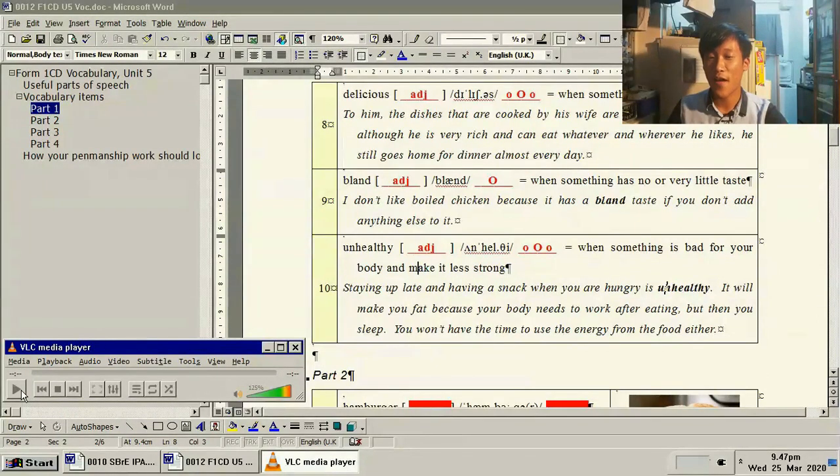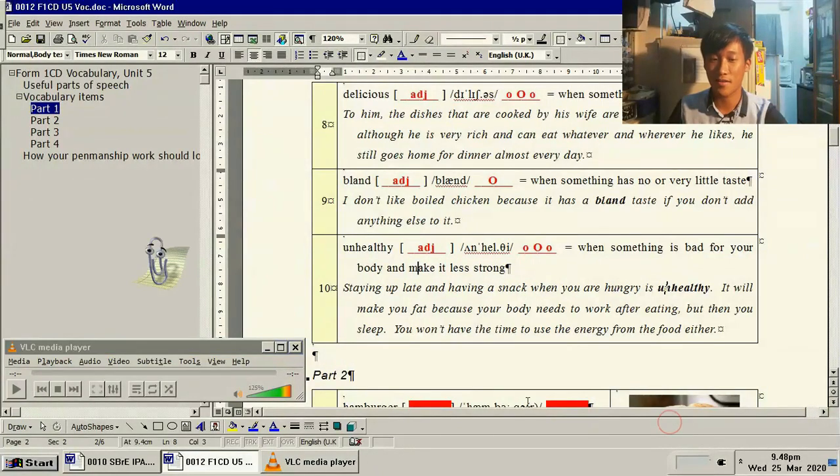It will make you fat because your body needs to work after eating. But then you sleep. You won't have the time to use the energy from the food either.